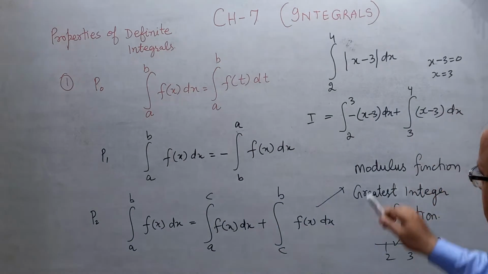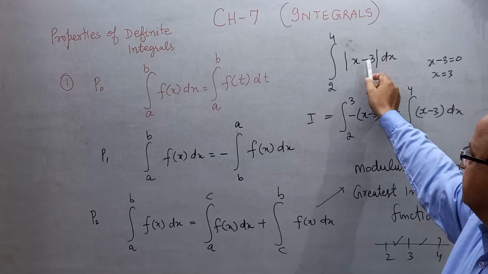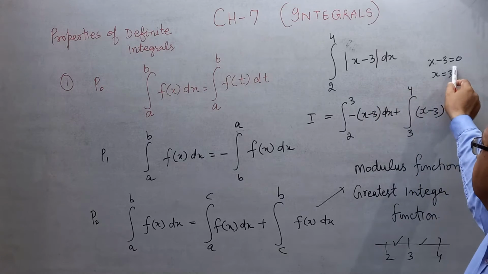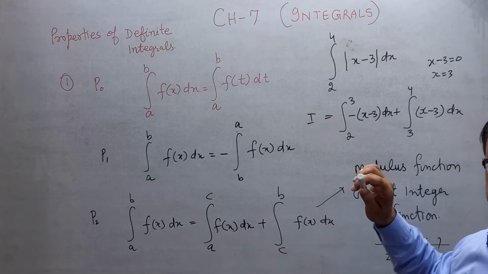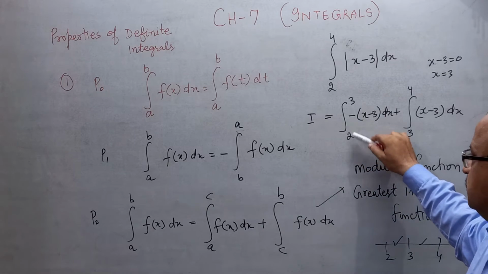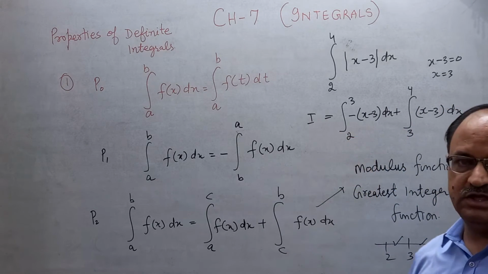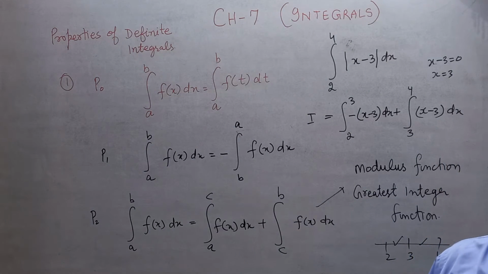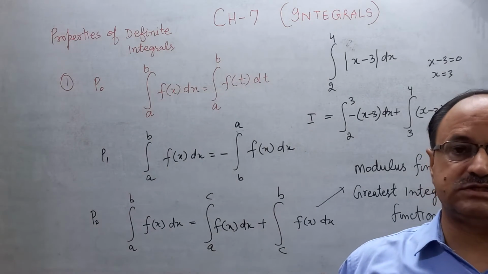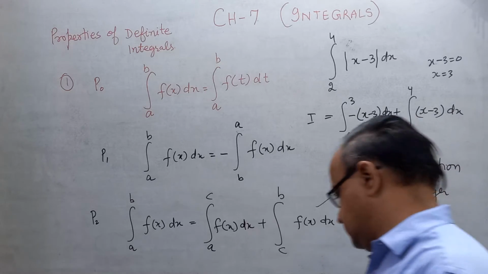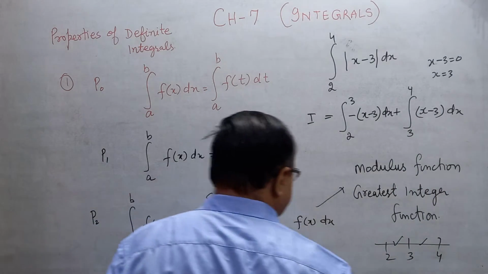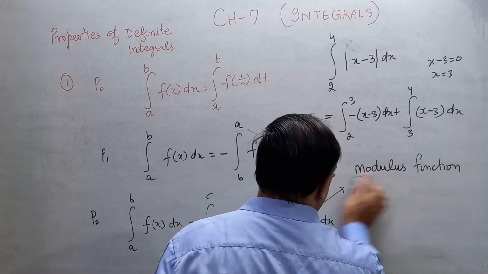Again put x minus 3 is equal to 0, then x is equal to 3. It means 3 is the breaking point. In the left side of this portion write the negative function of the modulus, right? And on the right hand side write the positive function.